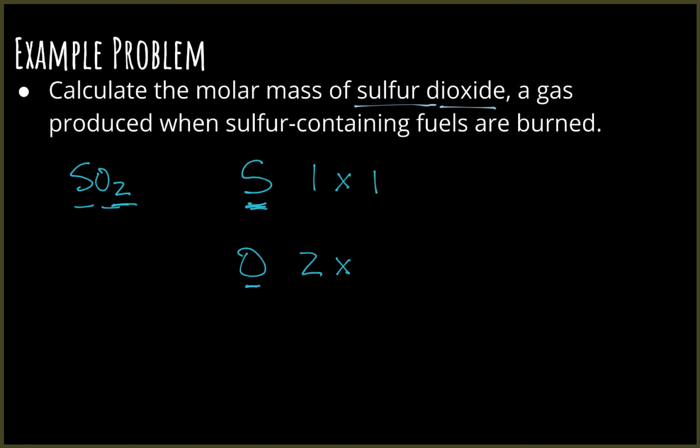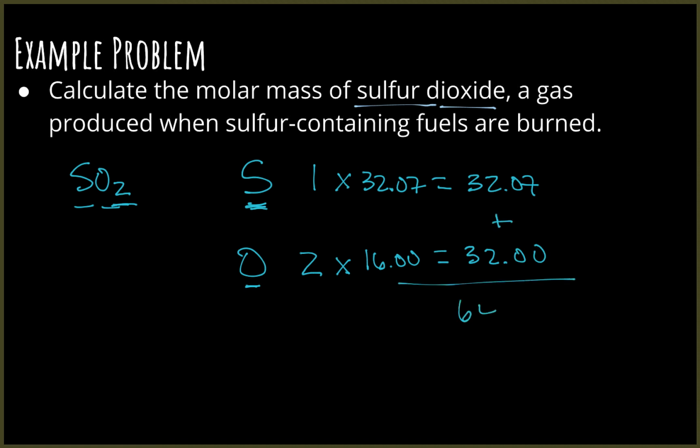So sulfur is 32.07, which gives me 32.07. Oxygen is 16.00, which gives me 32.00. Then I'm going to add those values up. And again, that's grams per mole. So that is the molar mass of sulfur dioxide.